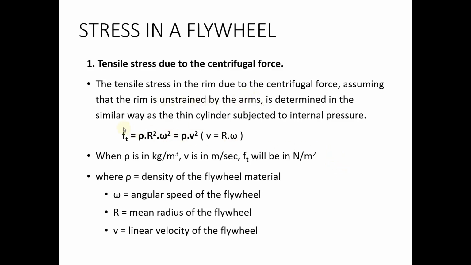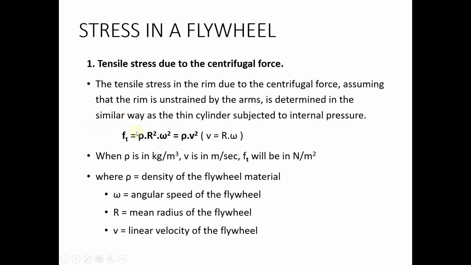So we can write the expression for the tensile stress Ft as Ft = rho r^2 omega^2, where rho is the density, r is the mean radius of the flywheel, and omega is the angular speed of the flywheel. So rho r^2 omega^2. We know that the linear velocity v is equal to r omega.